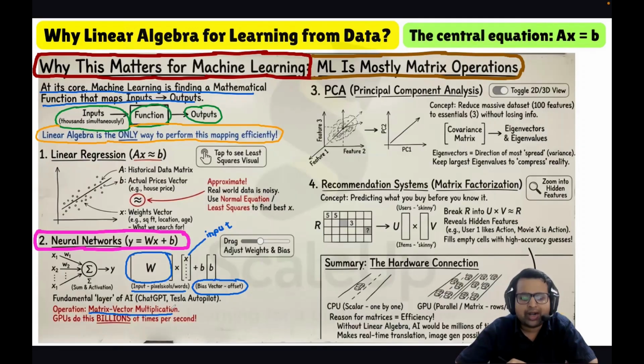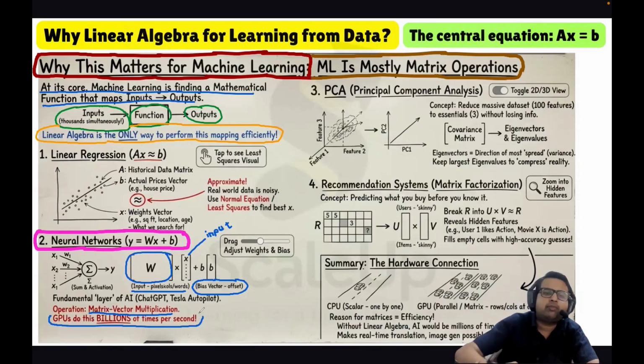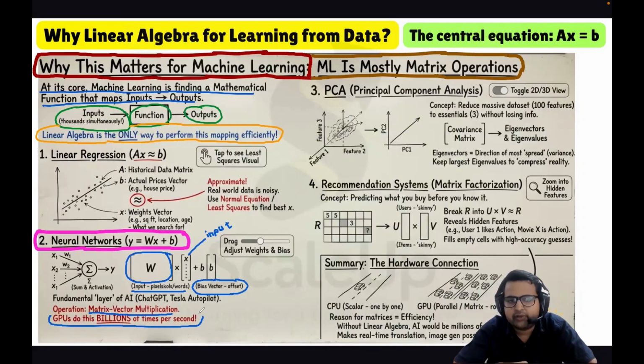When you run a large model, your GPU is doing matrix vector multiplication billions of times per second. It is just multiplying the weight matrix with the input vector, adding the bias vector to get an output. It compares that output with the ground reality.